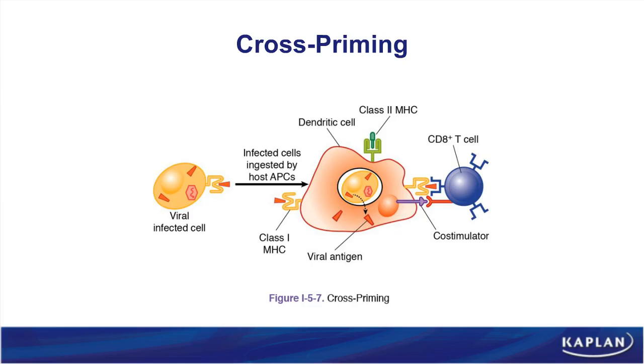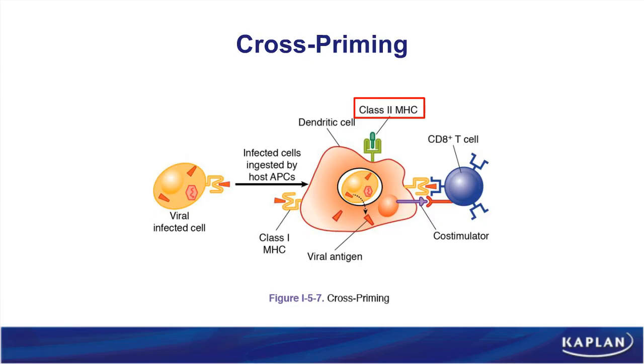In cross-priming, dendritic cells, which we have already discussed as professional antigen-presenting cells, can actually phagocytose an entire virally infected cell. And through that, they can activate and prime not only CD4 positive T cells through class 2 MHC, but can prime at the same time CD8 positive T cells through class 2 MHC.